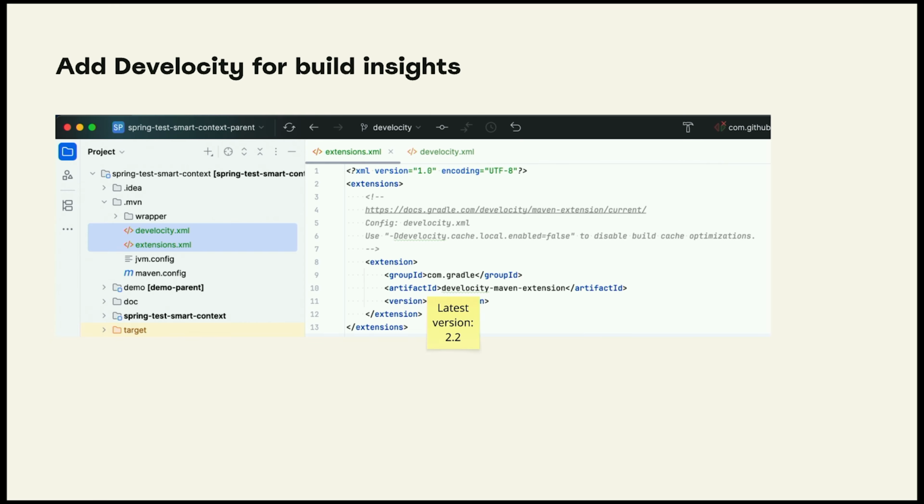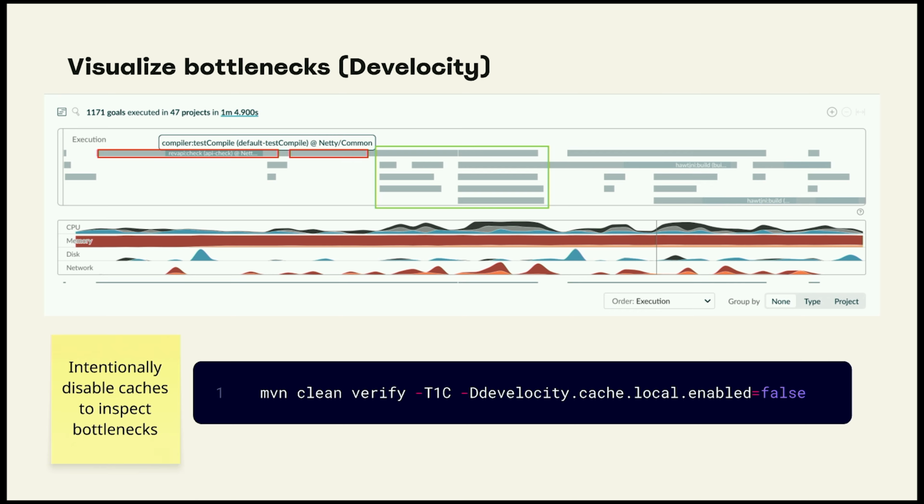For example, we can add the Develocity Maven extension. It's easy to do. In .mvn/extensions.xml, we just add the block declaring this extension and the configuration file. And let's try our build again. What I'd like to focus attention on in this scenario, we intentionally disable build caching to see the worst possible scenario when all our build tasks are executed to inspect bottlenecks.